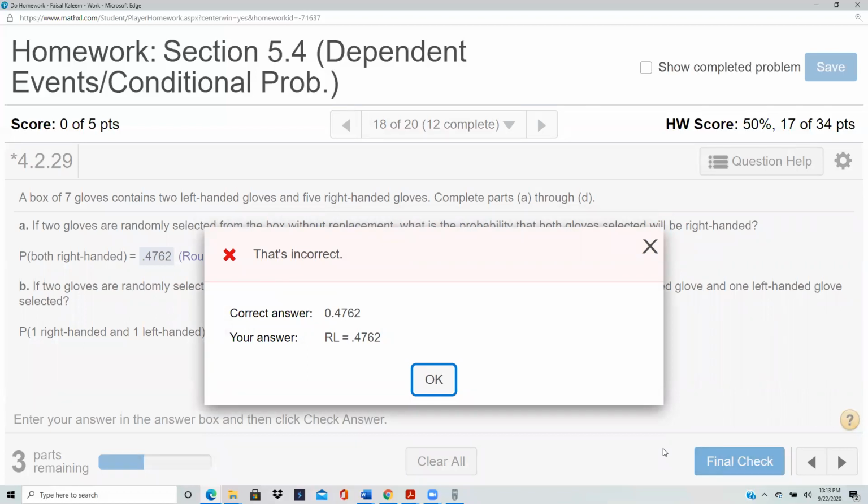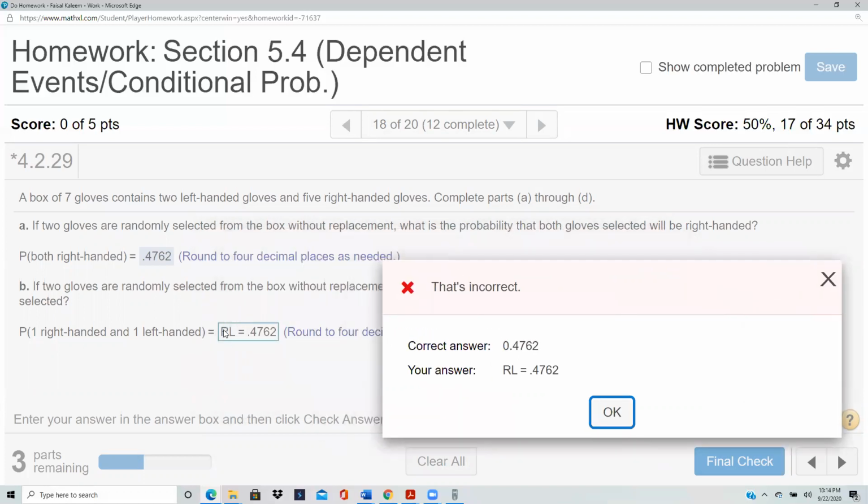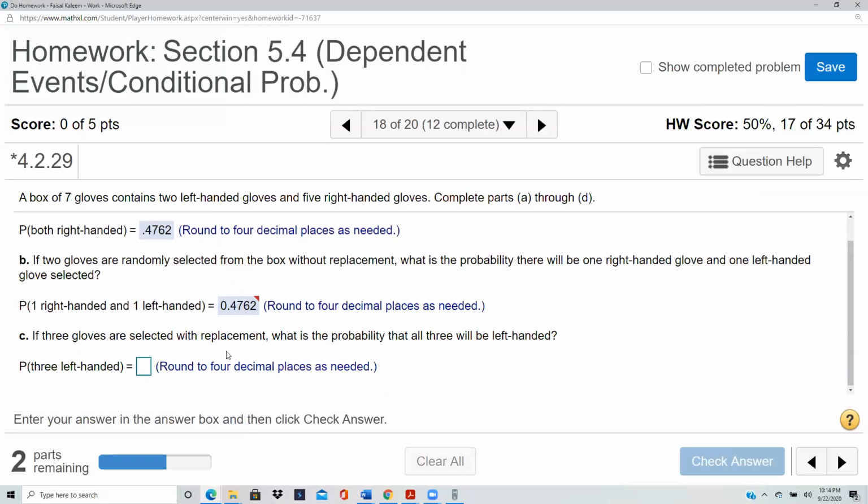Oh, I should not have written this RL. I wrote the RL just to explain to you. All right, that was the issue. So the answer was fine, 0.4762.